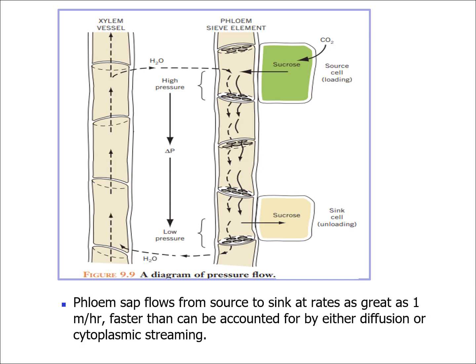The phloem flows from the source to the sink at rates as great as 1 meter per hour, faster than can be accounted for by either diffusion or cytoplasmic streaming.